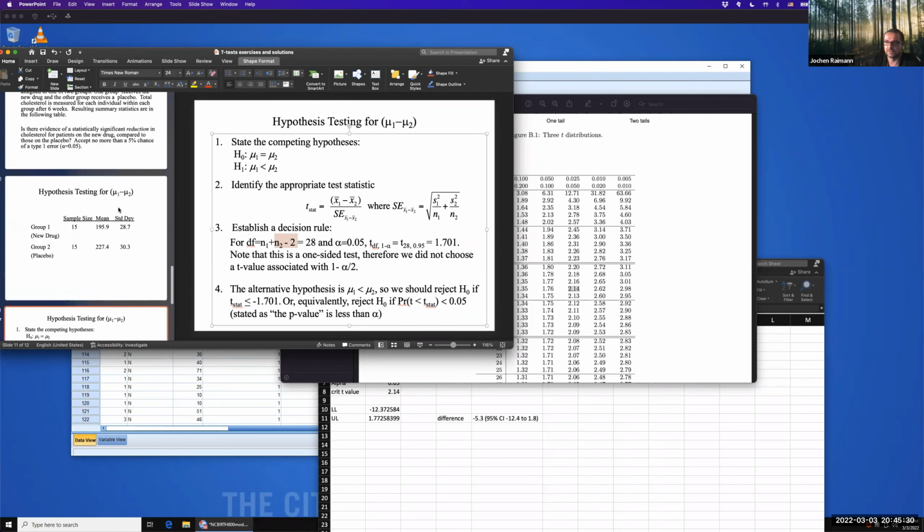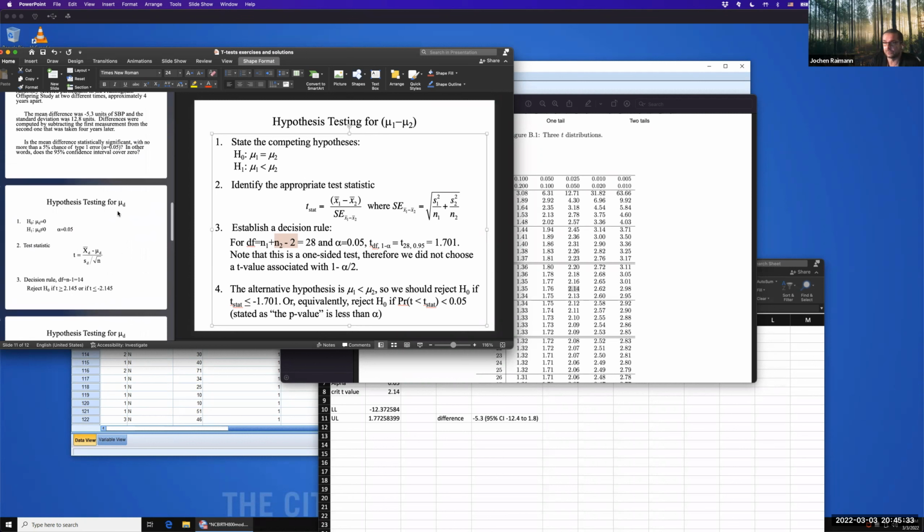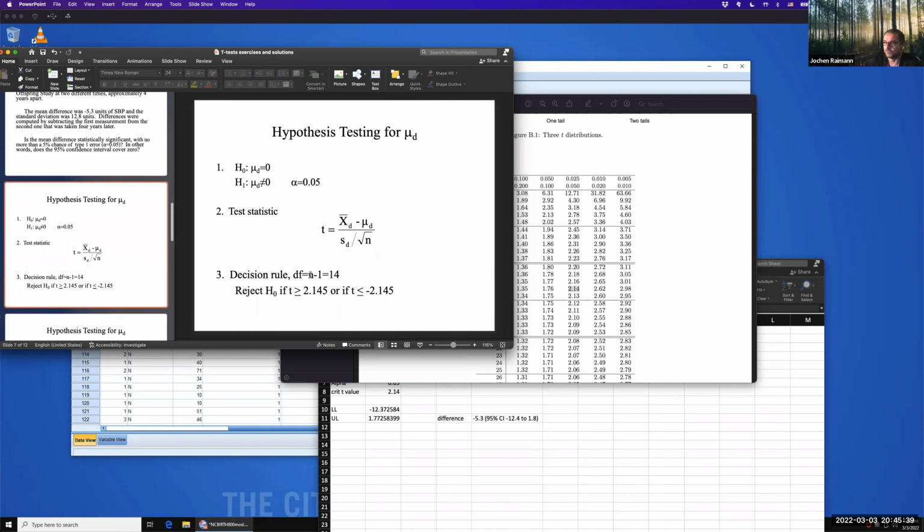This makes a little bit of difference, and this is why it's important to understand the difference between a paired sample t-test and an independent sample t-test. Remember, for the paired sample t-test, your degrees of freedom are determined by the number of differences, because you're building differences for each of your individuals from one time point to another.